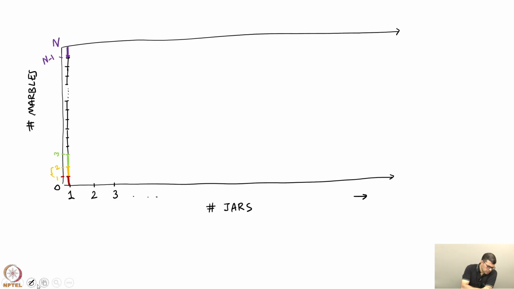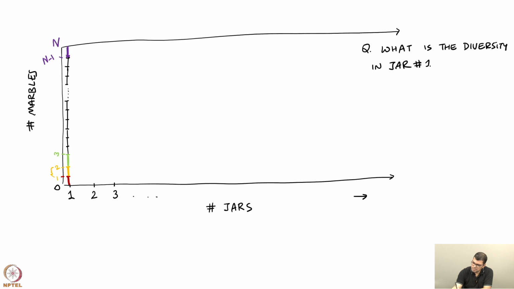To make the question more precise, let us start with a simpler question: what is the state in jar number 1? What is the diversity in jar number 1? By diversity we mean the number of colors that are present in jar number 1. And that is easy because we were told at the start of the experiment that there are n marbles, each one of a different color.